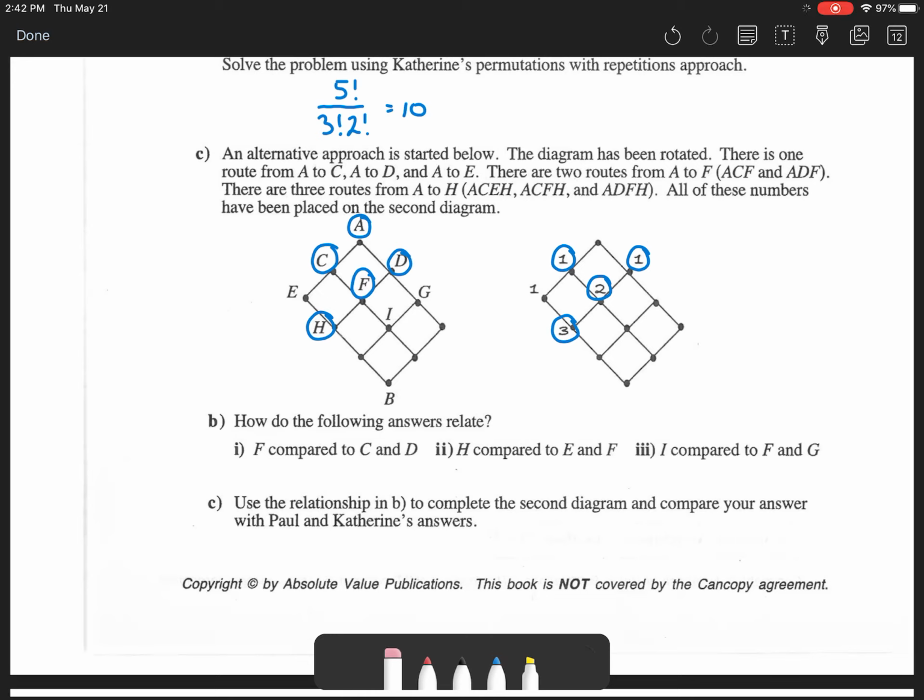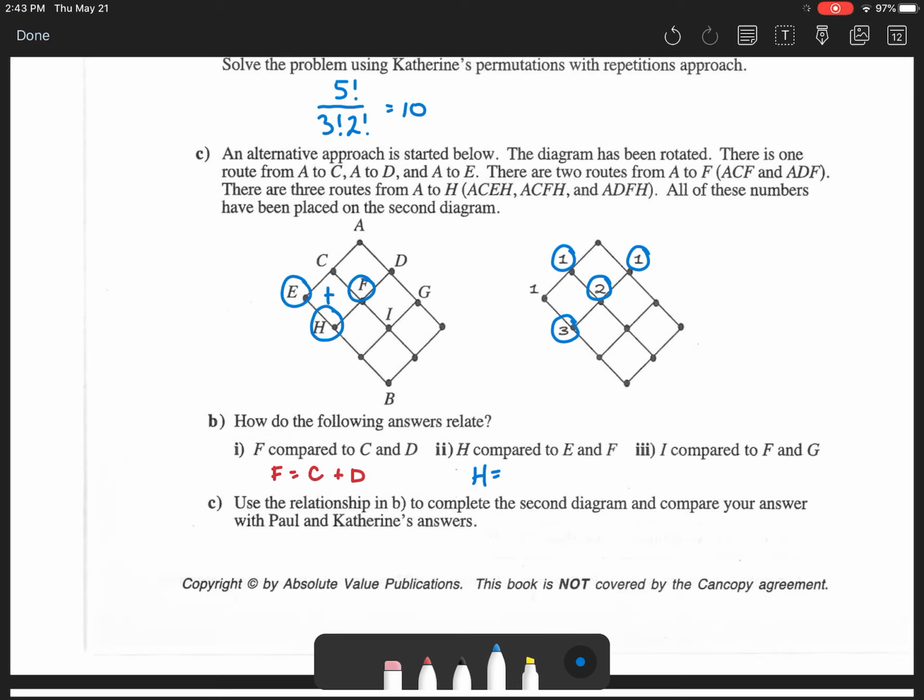So it says, how do the following answers relate? The first thing they're asking is, how does F compare to C and D? Well, F is going to be C plus D, okay? So F will be equal to C plus D. Then they ask, how does H compare to E and F?